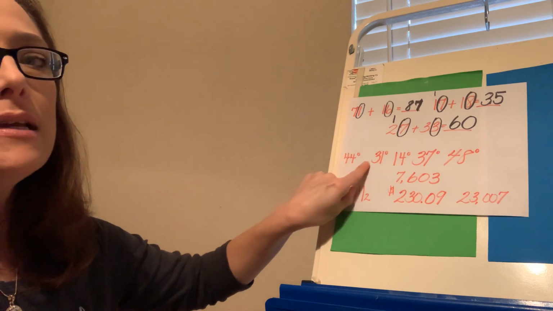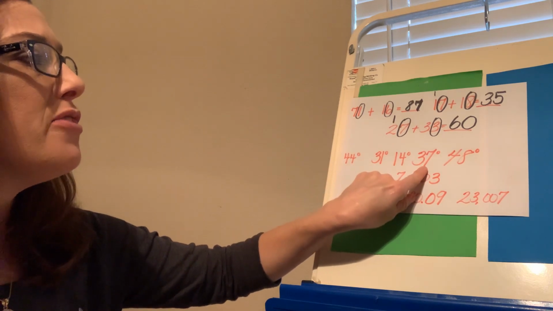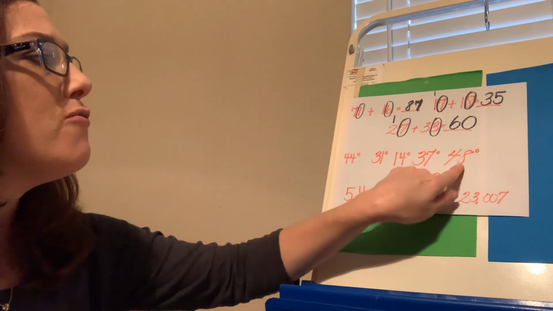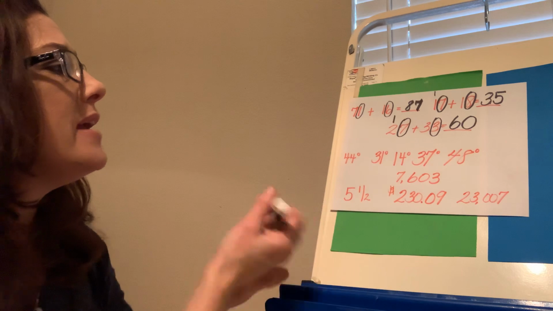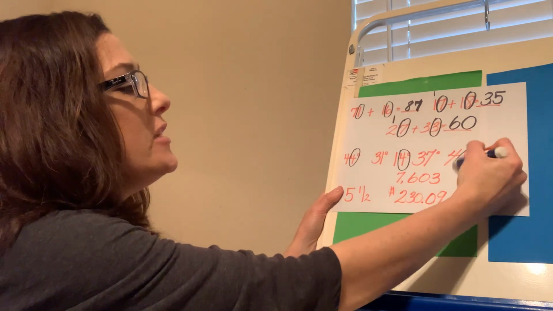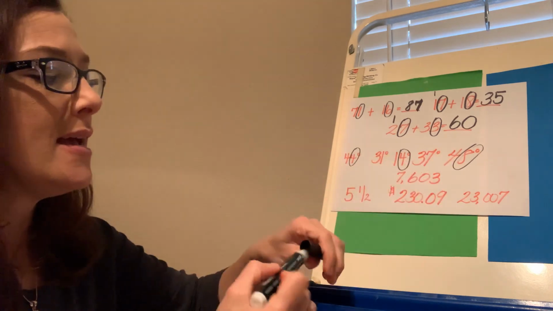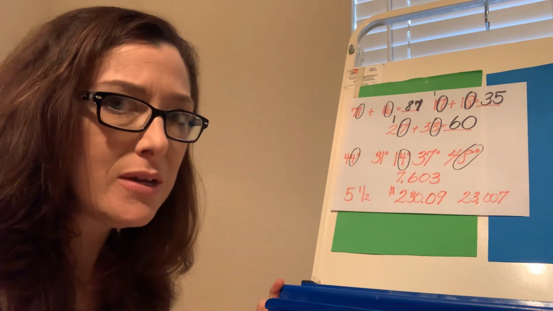44 degrees, 31 degrees, 14 degrees, 37 degrees, 48 degrees. Okay, you know if it ends in an even number, such as 4 or 8, and you're looking at your thermometer, you're going to count by 2s.